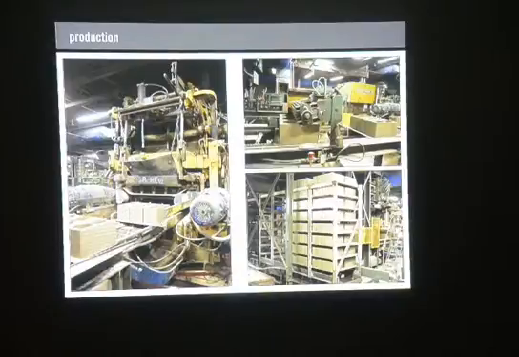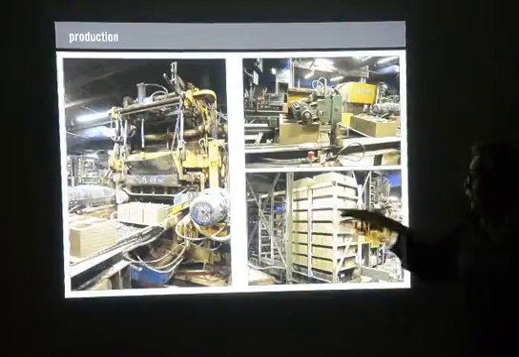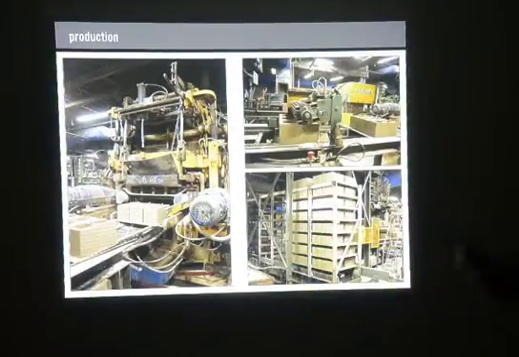A kiln is like a huge oven that forklifts will transport into a big kiln, where it's basically 16 hours in the kiln at a temperature between 110 and 150 degrees Fahrenheit. And then it's brought out and it's basically cooled. And then after it's cooled, it will be sorted.